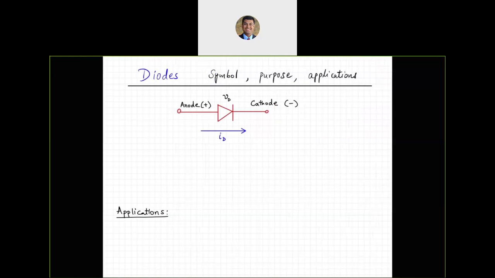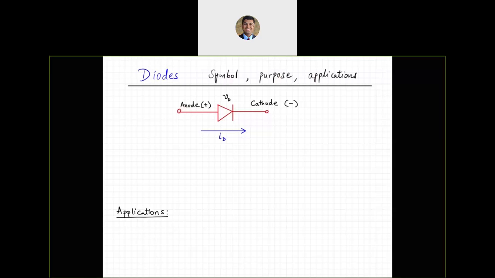So let's see. We'll start with what the symbol for diodes is, what is its purpose, and the general purpose, and then we will go into specific applications. You have seen diodes perhaps in experiment 2 or probably in experiment 3. So way early in the semester, you have seen such a symbol, which is for the diode.